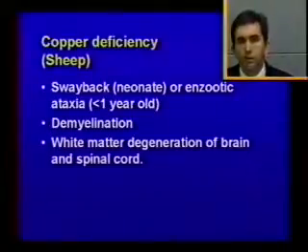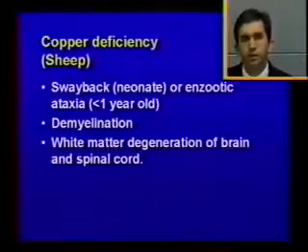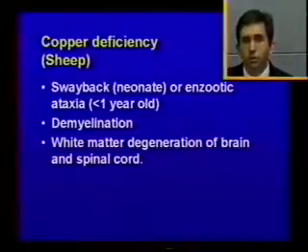One other aspect of copper metabolism that is important in neurological disease is seen in sheep. And copper deficiency in sheep causes a condition known as swayback, or enzootic ataxia. Both of these are caused by copper deficiency, and copper is known to be very important in the maintenance of normal myelin structure within the spinal cord.